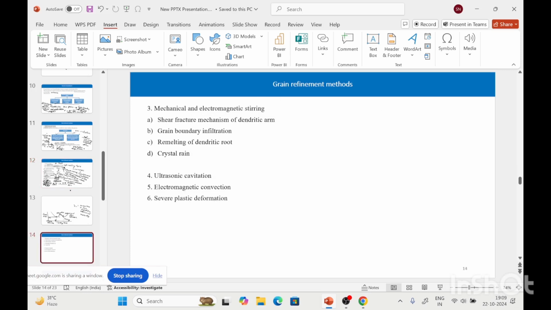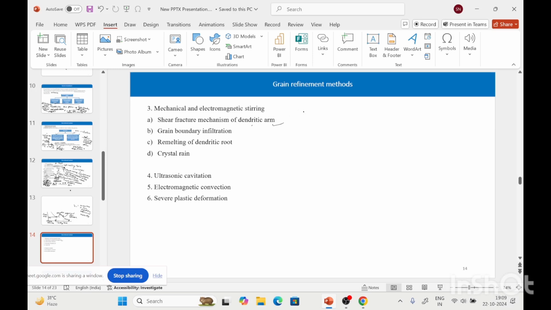Next is the mechanical or electromagnetic stirring, in which different mechanisms occur. So first is the shear fracture mechanism of dendritic arms.